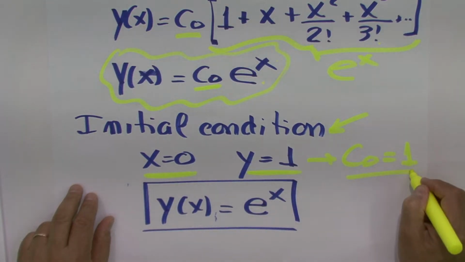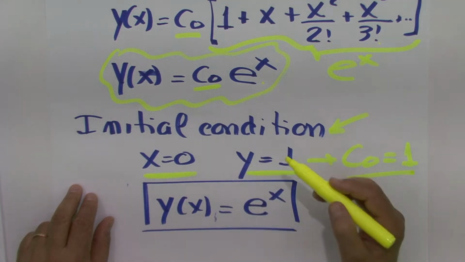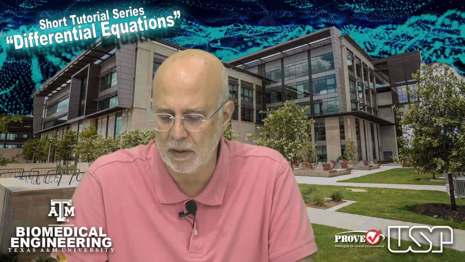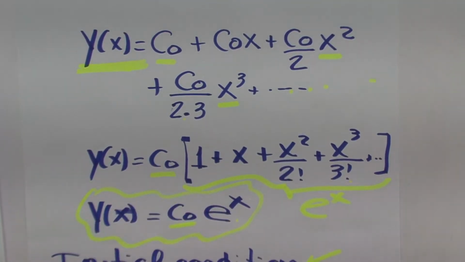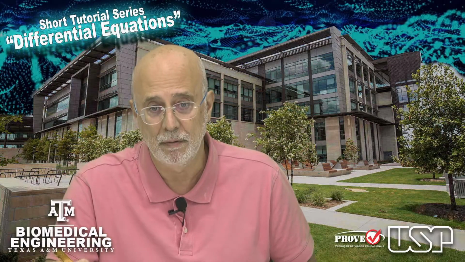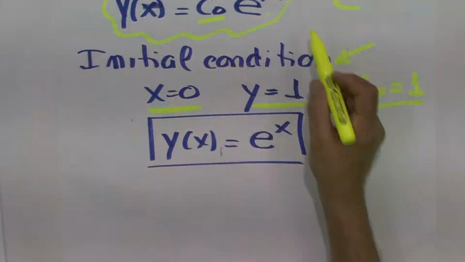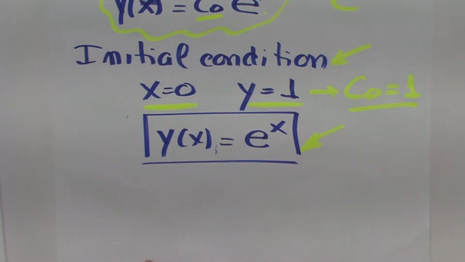And once I have C0, I have all the terms of the series. And having all the terms of the series allows me to either leave it this way, which nobody can contest because it is a truth, or I know that the series represents the exponential function, and I express it like this.